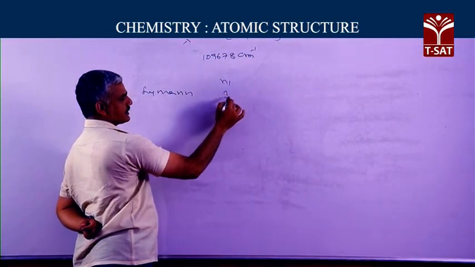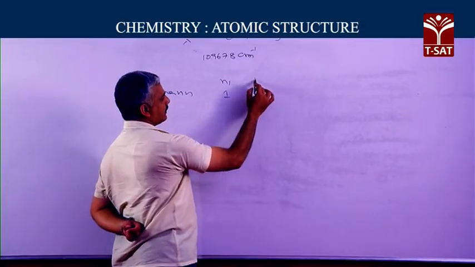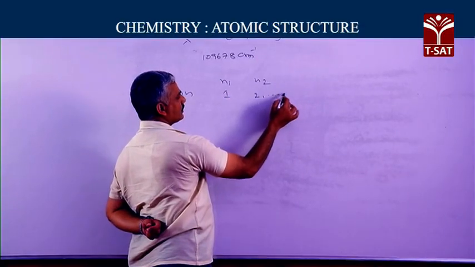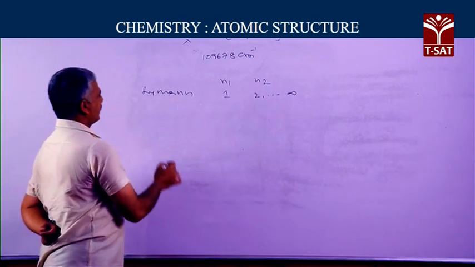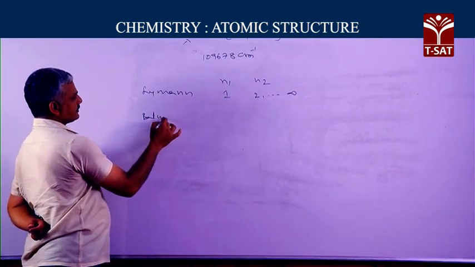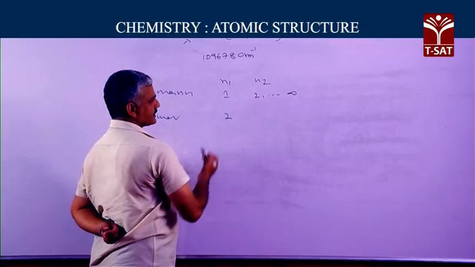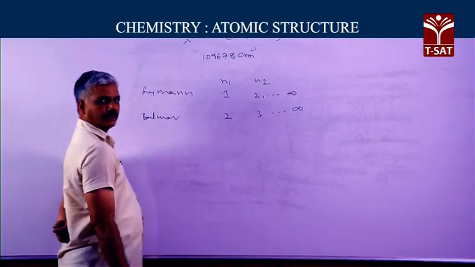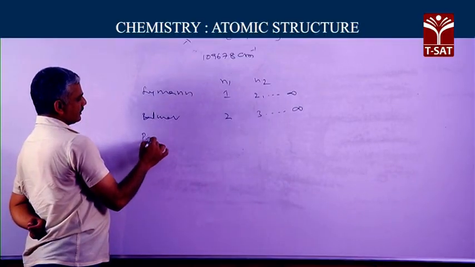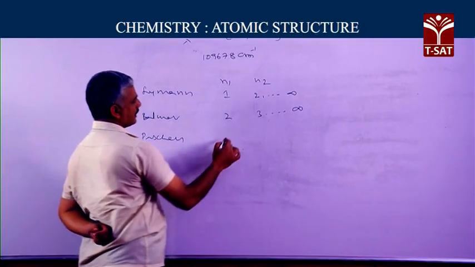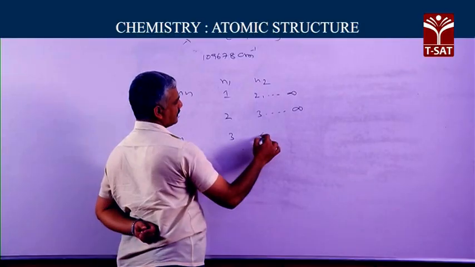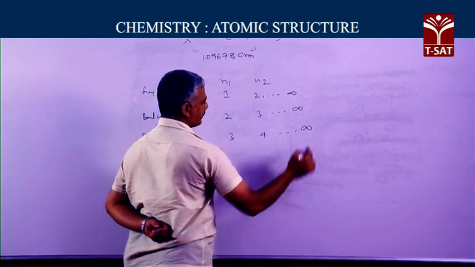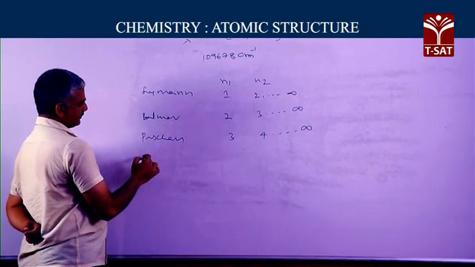For Lyman series, n1 is fixed at 1, n2 values are taken from 2 to infinity. For Balmer series, n1 is fixed at 2, n2 is taken from 3 to infinity. For Paschen series, n1 is taken as 3, n2 values from 4 to infinity.